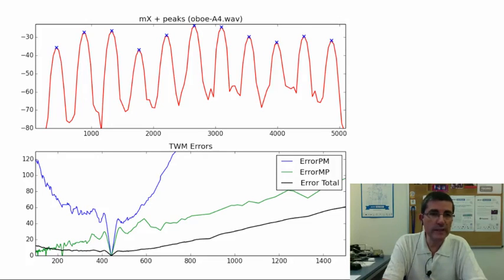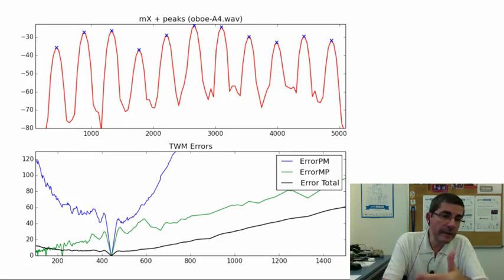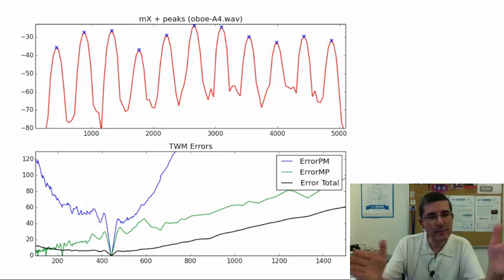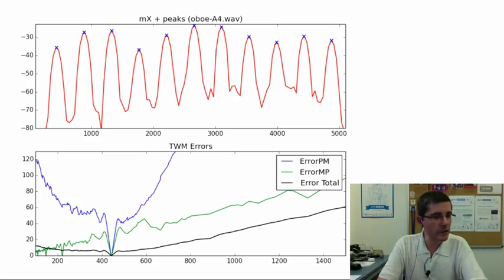The blue is the predicted to measure, the green is the measured to predicted, and the black is the total one, for possible fundamental frequencies ranging from 0 to 1500 Hertz. So basically we have swept all this frequency range and have tried the algorithm for all possible frequencies at increments of 1 hertz.